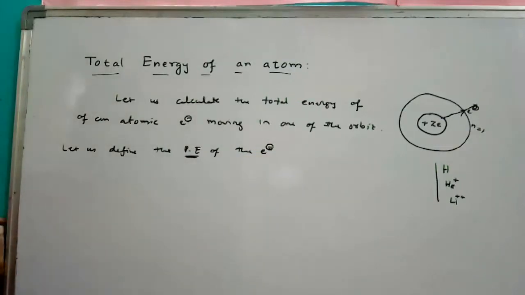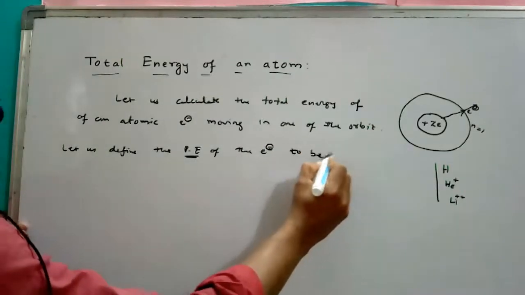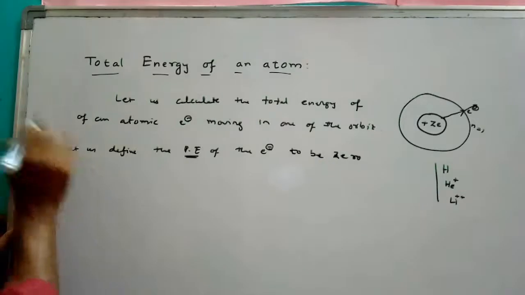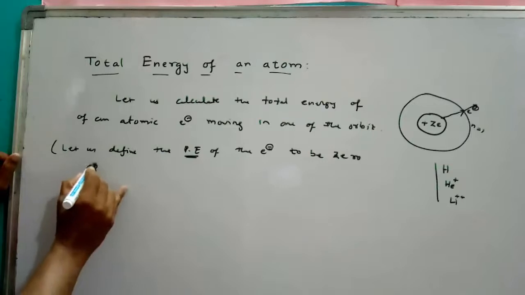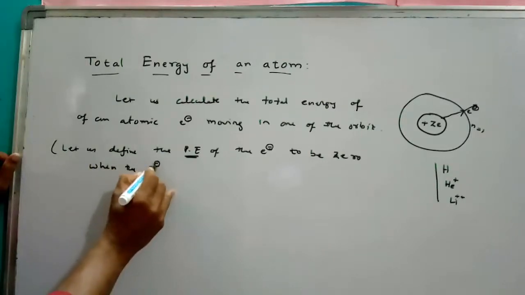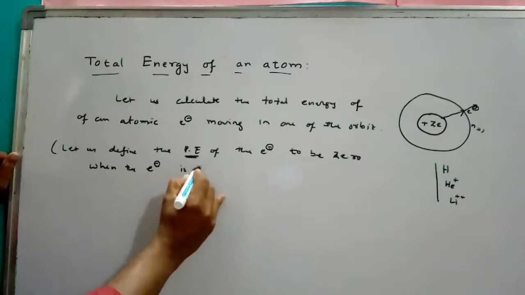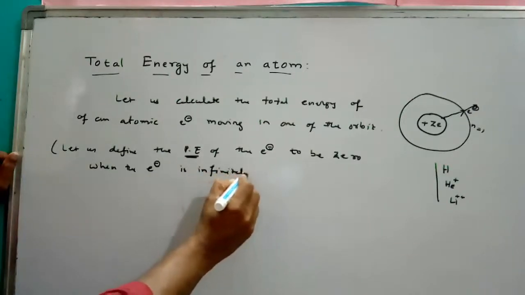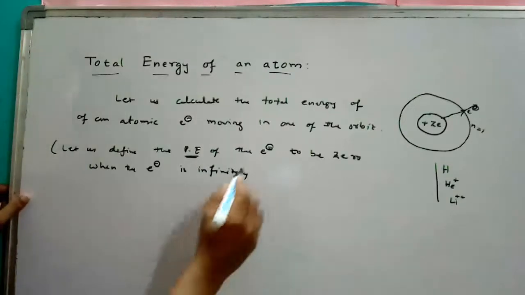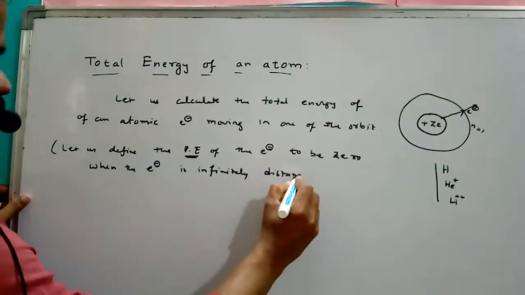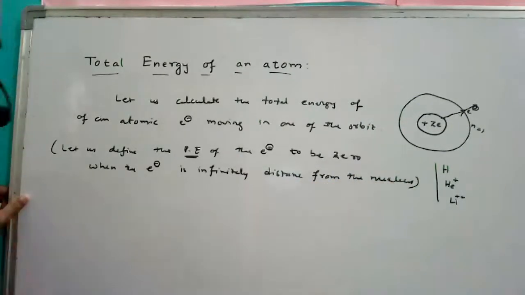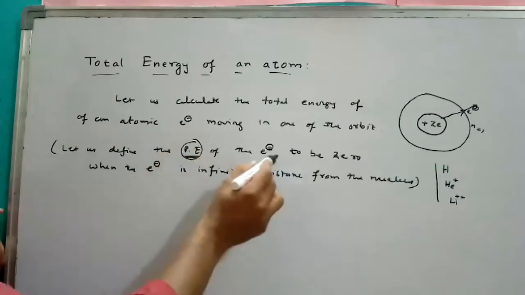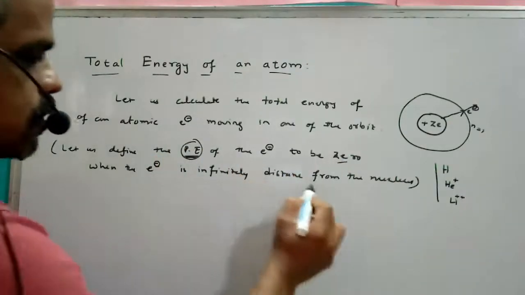Let us define the potential energy of the electron to be zero when the electron is infinitely distant from the nucleus.